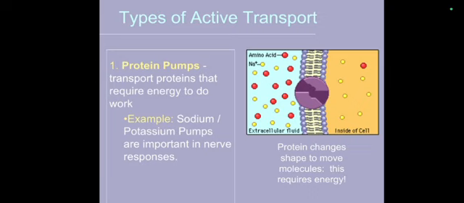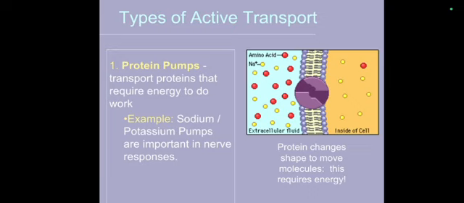Primary active transport is a mechanism that involves the transport of substances against the concentration gradient by utilizing the energy obtained by the hydrolysis of adenosine triphosphate. An example is the sodium potassium pump, the ATPase pump.